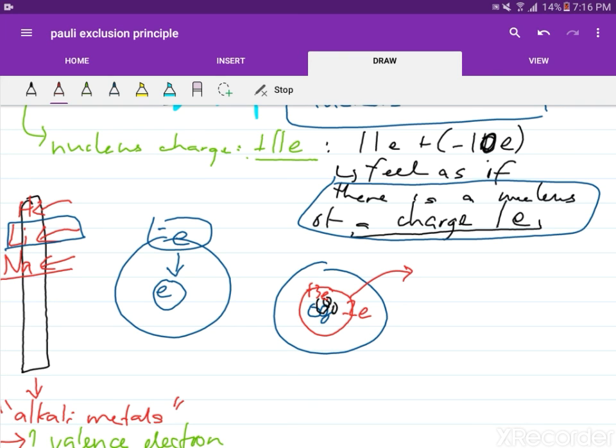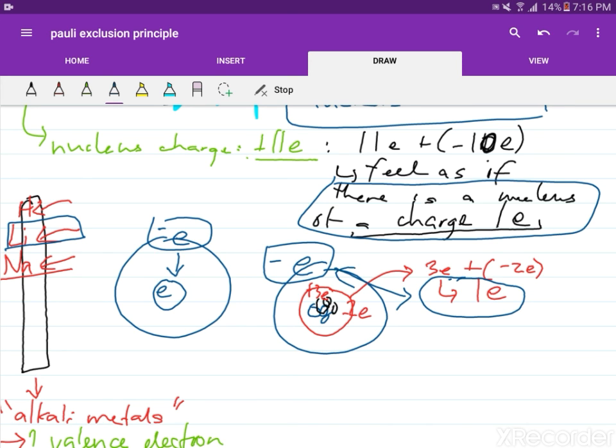So its net charge is 3e minus 2e. Take note, this is not the actual nuclear charge, but the screened nuclear charge of 1e. So the remaining 1 electron will experience a screened nuclear charge of 1e.